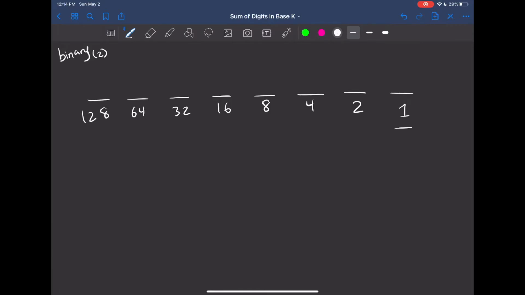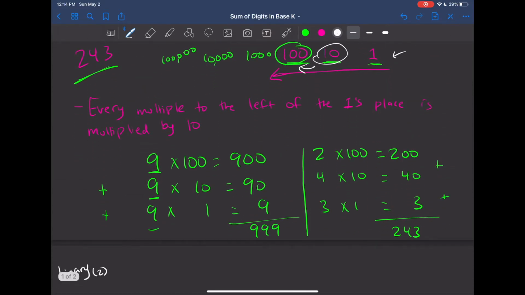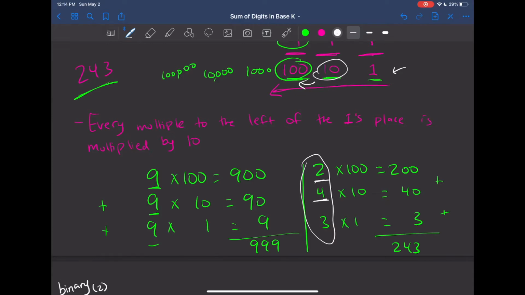Now, to convert a number from decimal to binary, we would do something very similar to how we wrote this number 243. I would just put each of these numbers in the proper placeholder so that it can be multiplied properly and added properly to get the number that we're looking for.